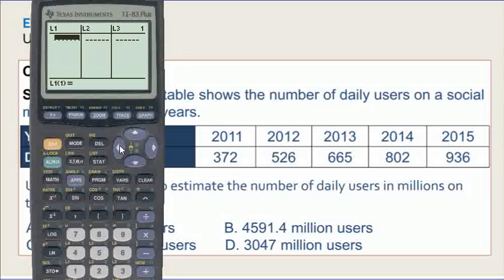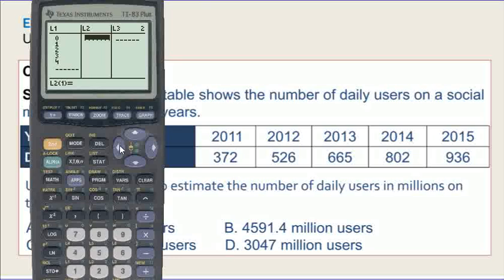So we'll use 0 for 2011. So 0, we got 1, 2, 3, and 4.